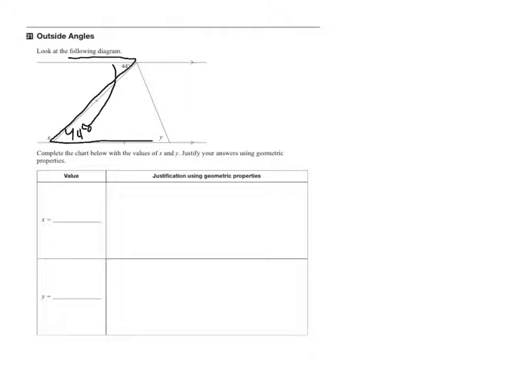Another way you can identify that is to extend the line and realize again that these four angles will be equivalent to these four. So you would know that this is 136 and 44, which would make x 136 degrees. And we know that again from 180, take away 44, 136 degrees.